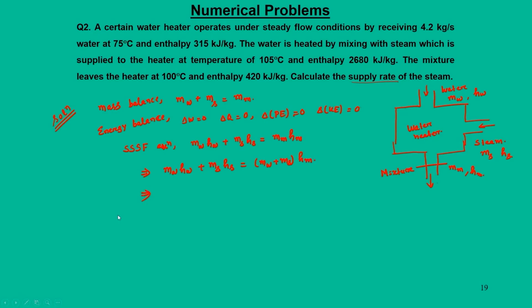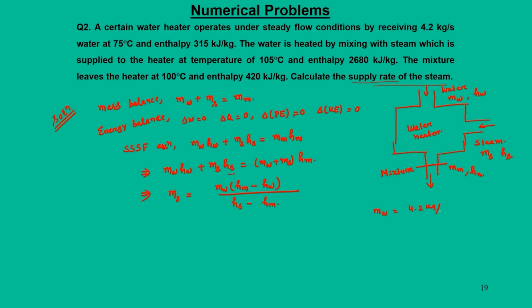Now, what we require is the supply rate of steam, that is MS. So, we have to express it in terms of MS, that is equal to MW into HM minus HW divided by HS minus HM.